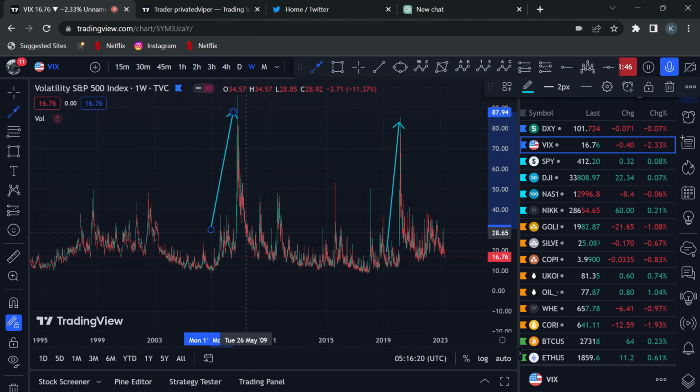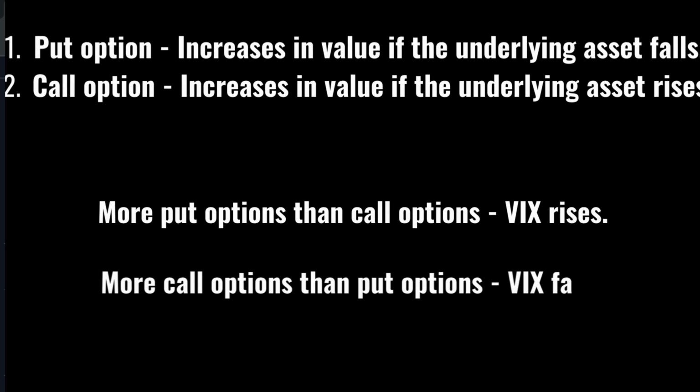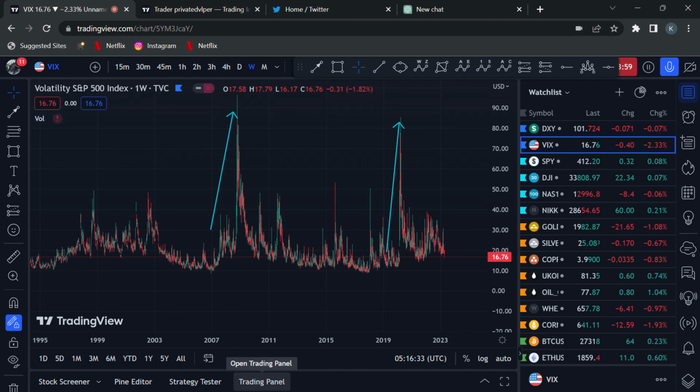But what if we have more call options than put options being bought? Of course, that means that the opposite will happen. The VIX will be falling.